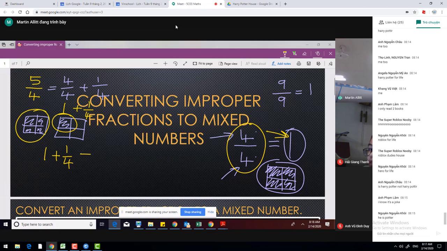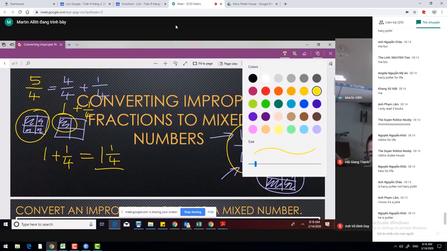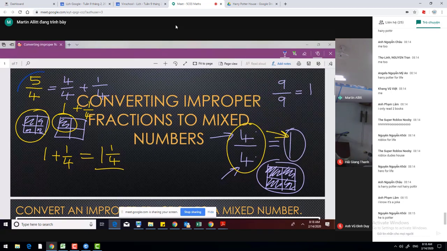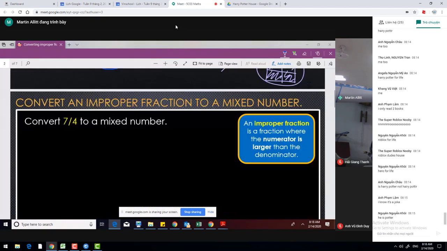We can write that like this, 1 and a quarter. And of course, this is what we call a mixed number. This is a mixed number here. So what I have done is I have converted my improper fraction into a mixed number.